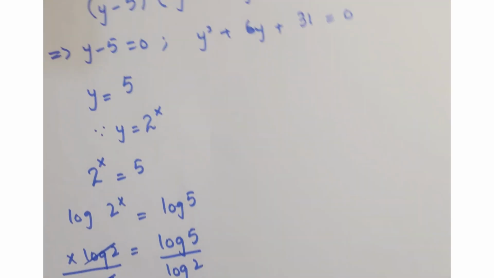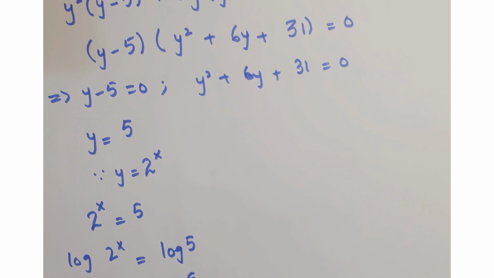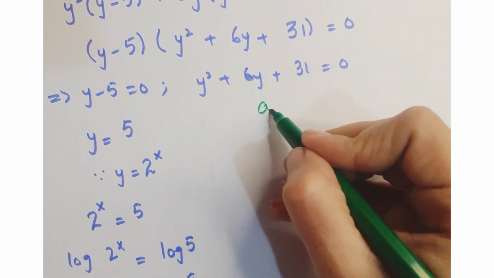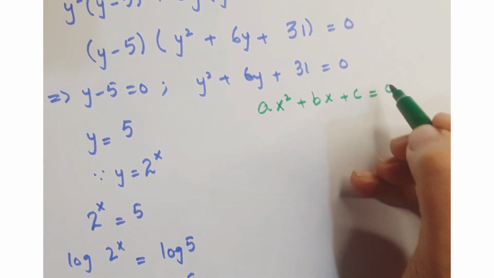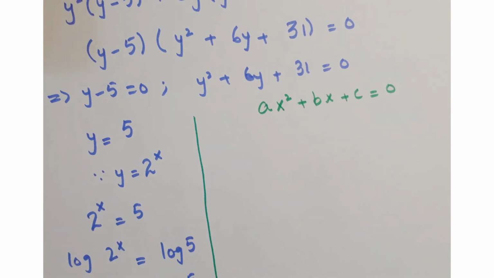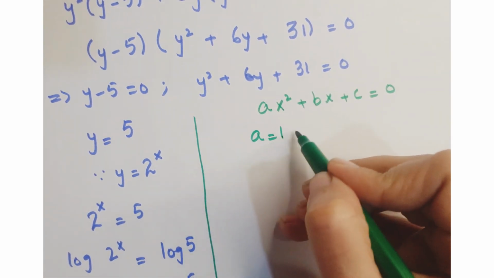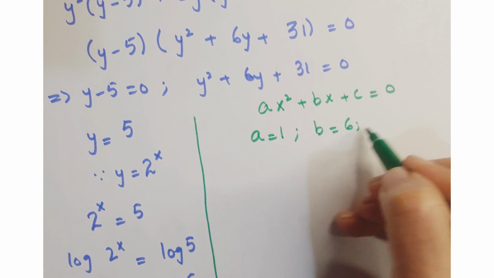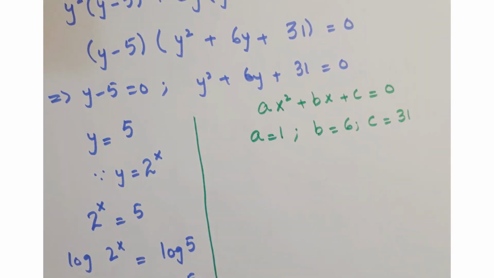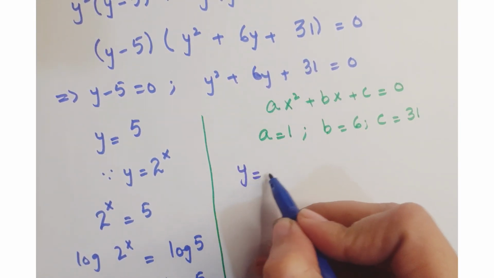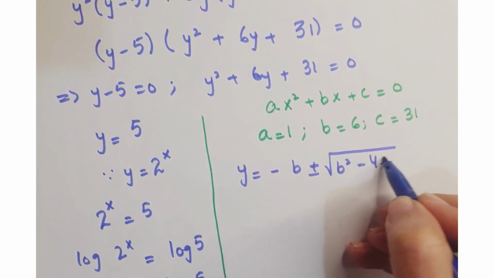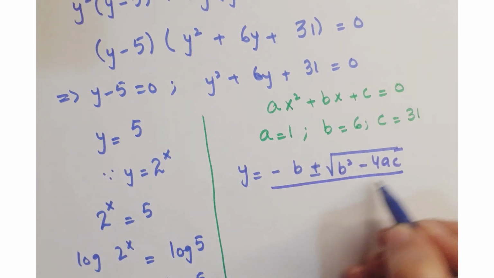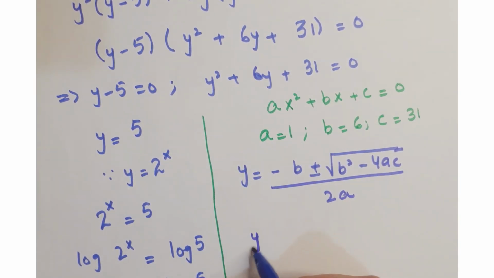Now let's work on this quadratic equation. Comparing this with the standard quadratic equation, we get a is 1, b is 6 and c is 31. Now putting the values in the quadratic formula, that is minus b plus minus under root b square minus 4ac upon 2a.